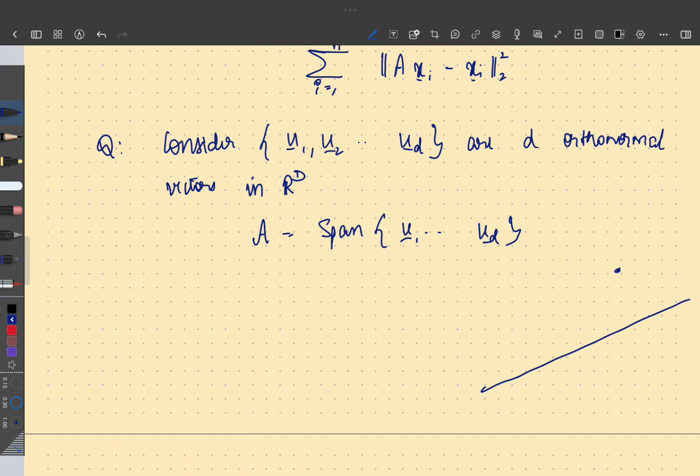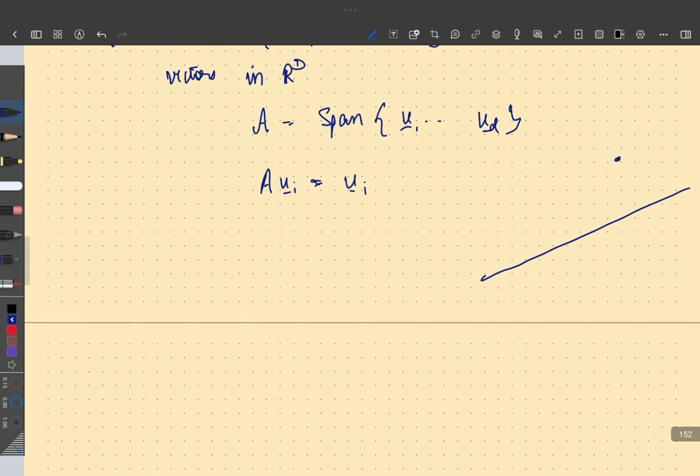A ui should be equal to ui. Correct. So that's the definition of any projection, right? So we want A times ui to be equal to ui. That's true. Is it like sigma ui ui transpose? Correct.